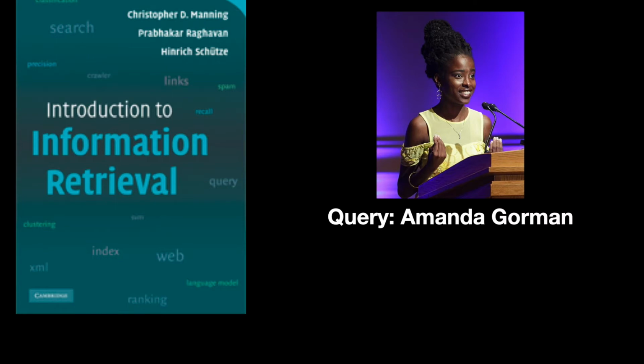We talked about how we can use this from an information retrieval perspective, in our search engines. So for an example, say we search for Amanda Gorman, the Youth Poet Laureate in the United States.